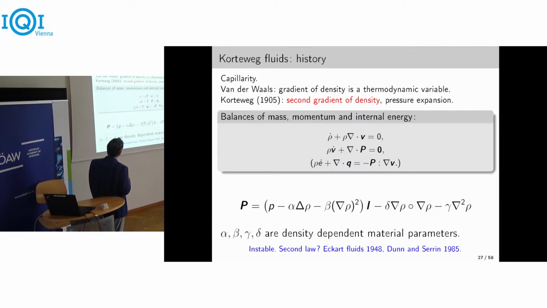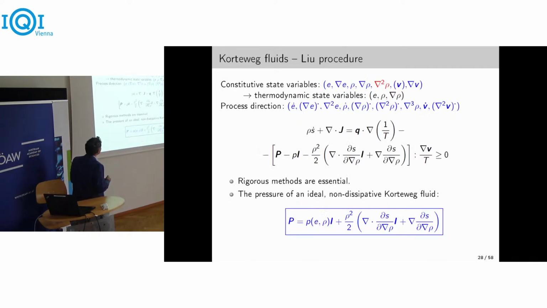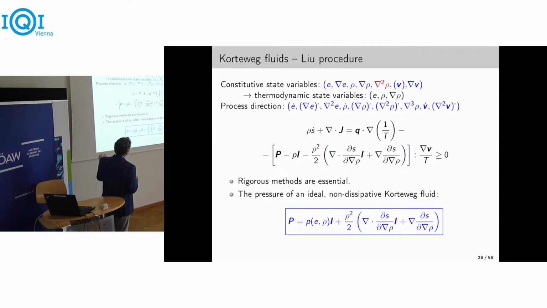And here, the constraints of the entropy inequality are the fundamental balances of mass, momentum, and internal energy, or energy. This is actually the same. And therefore, you use the same procedure as before. This is more technical, with the extension that instead of first order derivative, a second order weakly non-local theory is introduced. And what you get is several things.